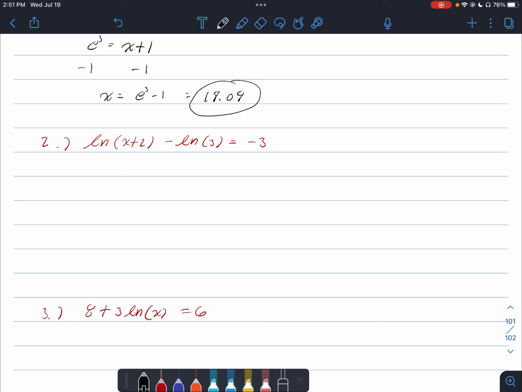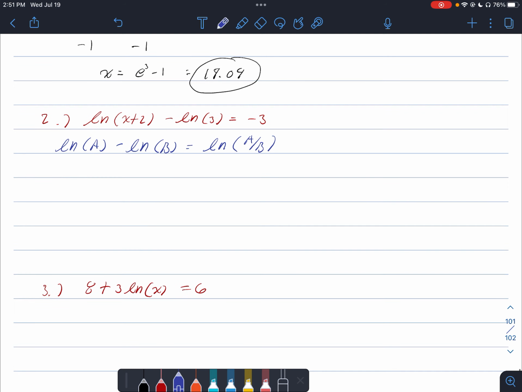All right, so here we have the natural log of x plus 2 minus the natural log of 3 is equal to negative 3. So here we can use our quotient rule for logs, but we can also express this in terms of natural logs too. If we have ln of a minus ln of b, that is equal to ln of a divided by b.